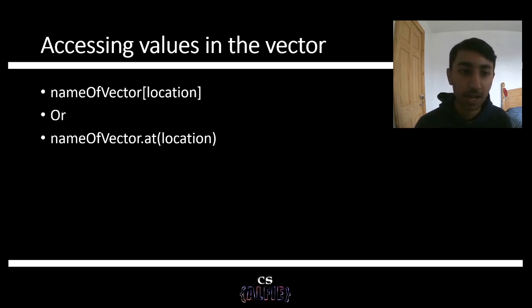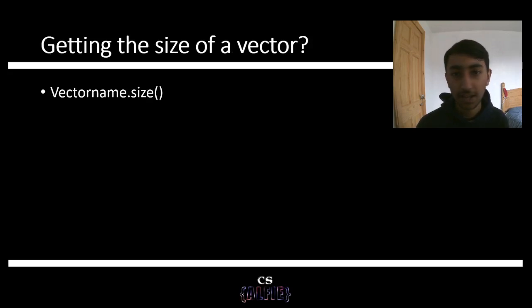If we think back to how we did it with arrays, we can either use square brackets with the location or the index, or we can write the name of the vector dot at, and in brackets we can write the location or the index. And how can we get the size of the vector? We can just write the name of the vector and dot size.